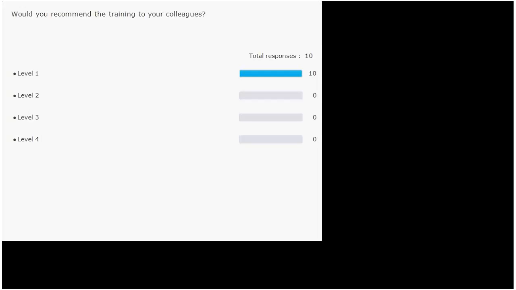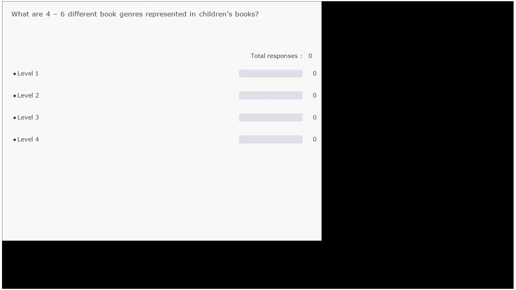Okay. 100% agreement on level 1, and you're right. What are 4 to 6 different book genres represented in children's books? You're getting faster and you're accurate. That is a level 2, asking them about what they learned about.